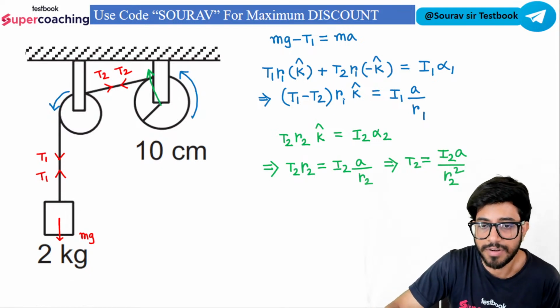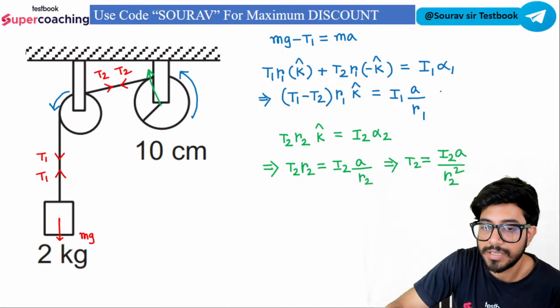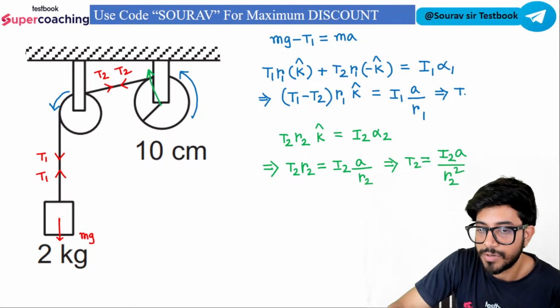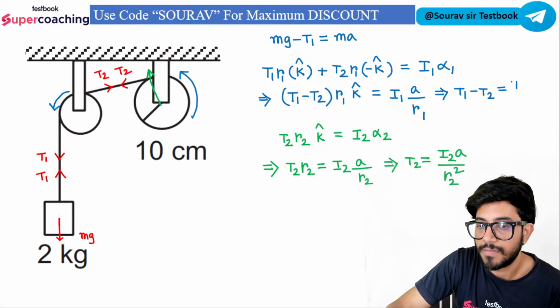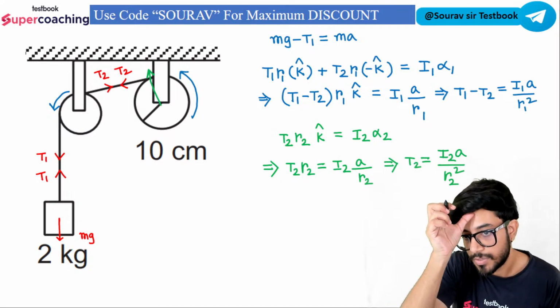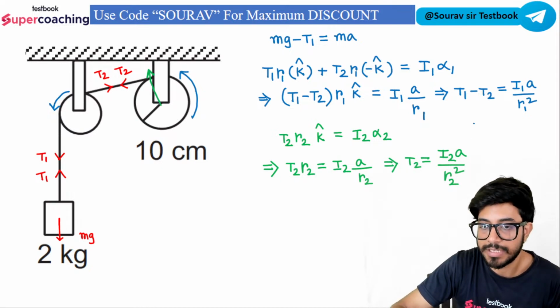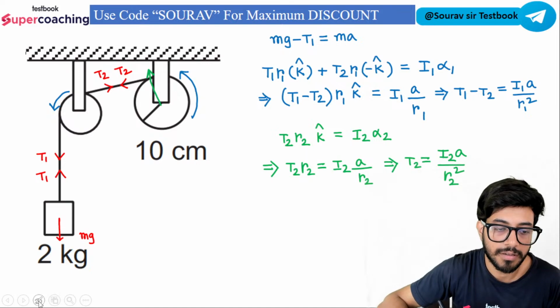What's your T1? Just ignore this R1 from here, ignore this k cap from here, you can get T1 minus T2 is your I1 A by R1 square. So here I can put T2 from this and place it over here and find out the value of A, and putting that A, or find the value of A or T, whatever you take.